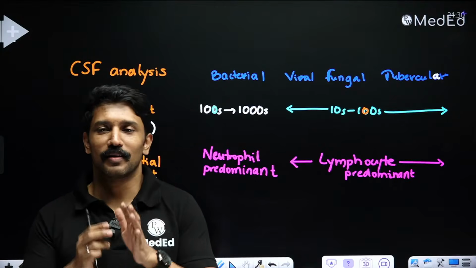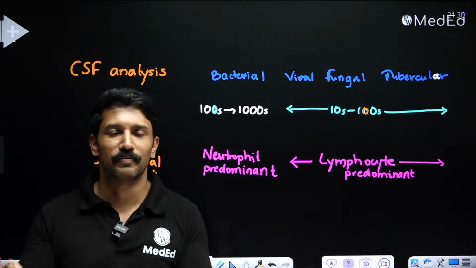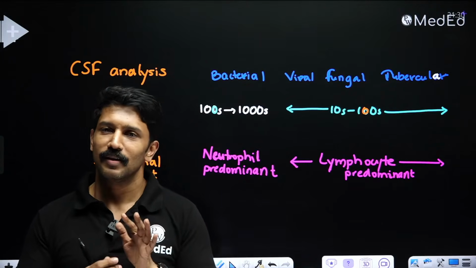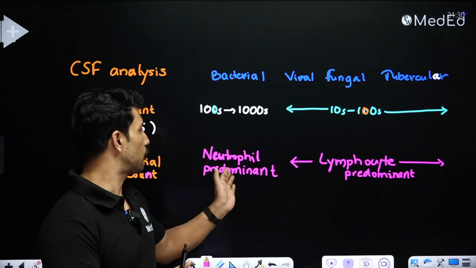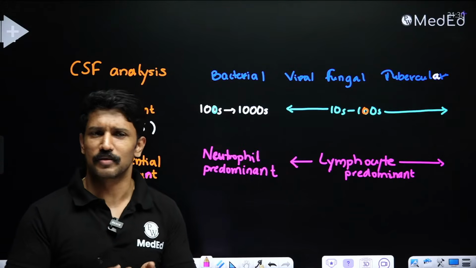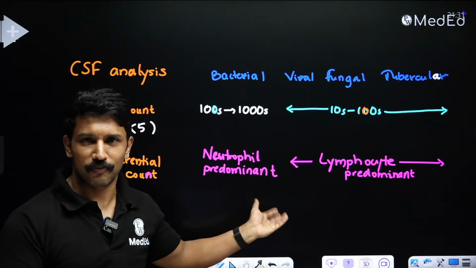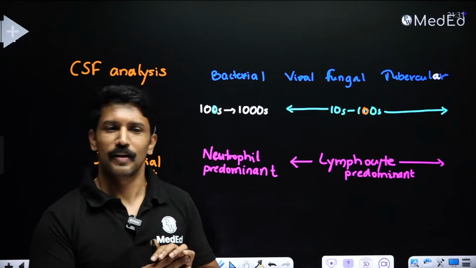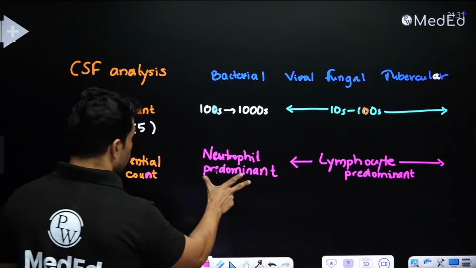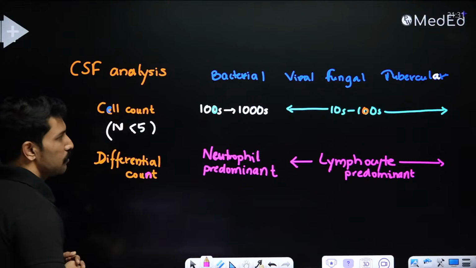How is it possible that two sets of cells are more than 50%? If one is more than 50%, by default, other will be less than 50%. Like let us say neutrophils are 51%. Then lymphocytes have to be 49%. Both can't be more than 50%. So we'll easily find out which one is predominant. So if it is neutrophil predominant, pointing towards bacterial.